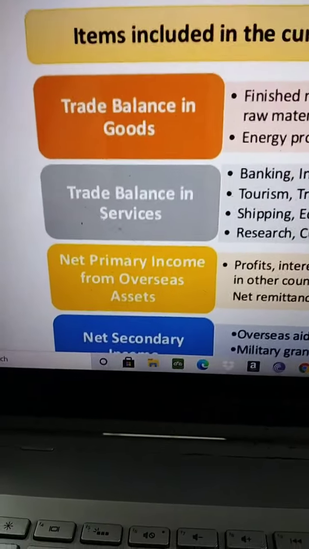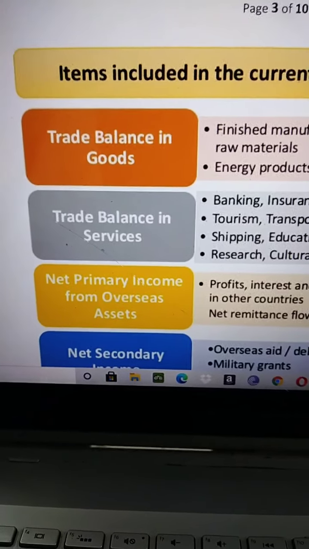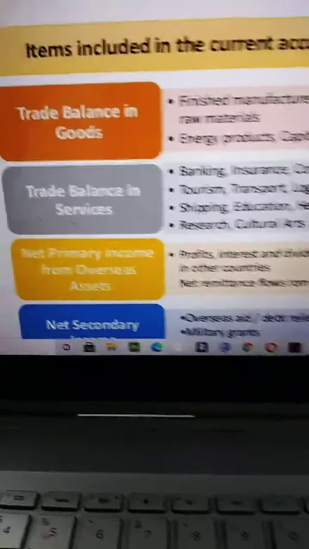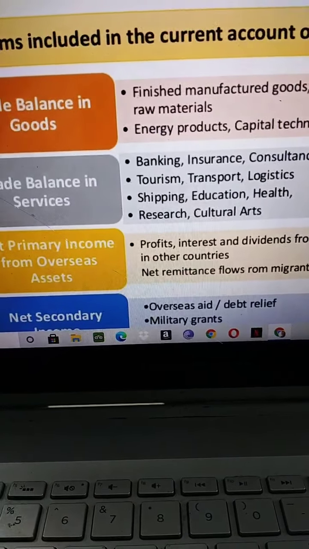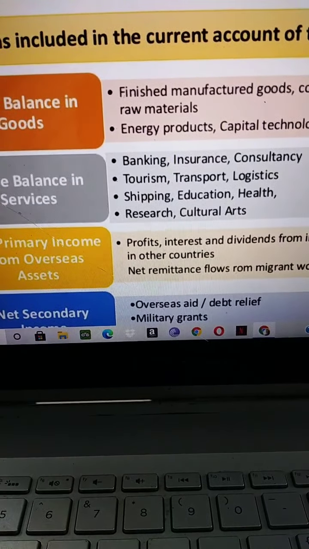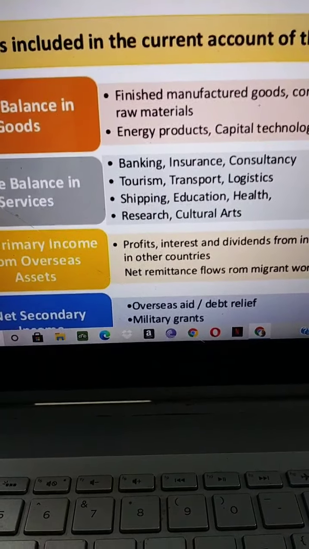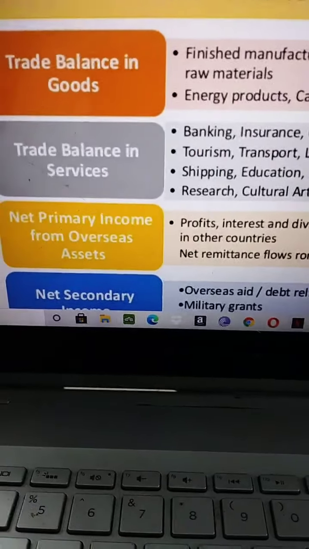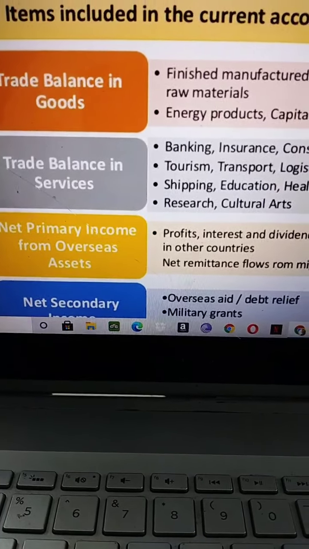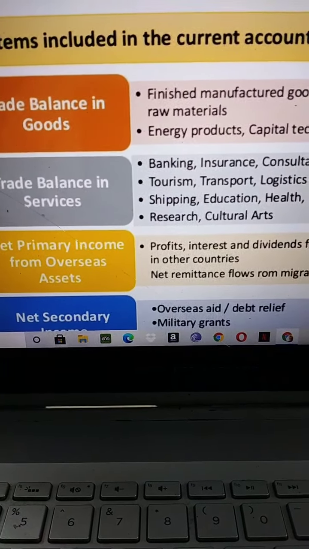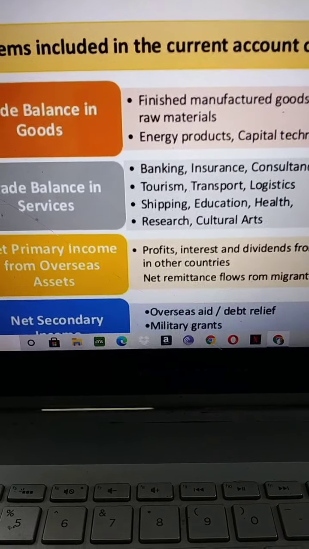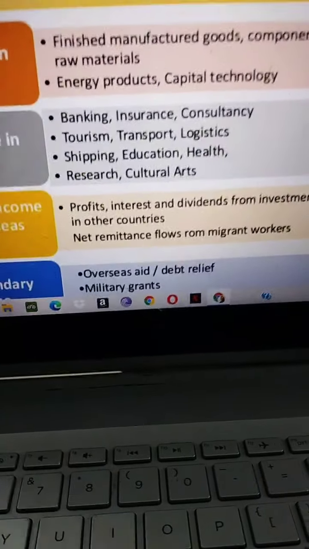The third component is the net primary income from overseas assets. It is the net, so it means that you are assuming that there will be more money coming into the country. If this is not the case, then this net primary income will also go in deficit if your inflows are less and outflows are more from the country.